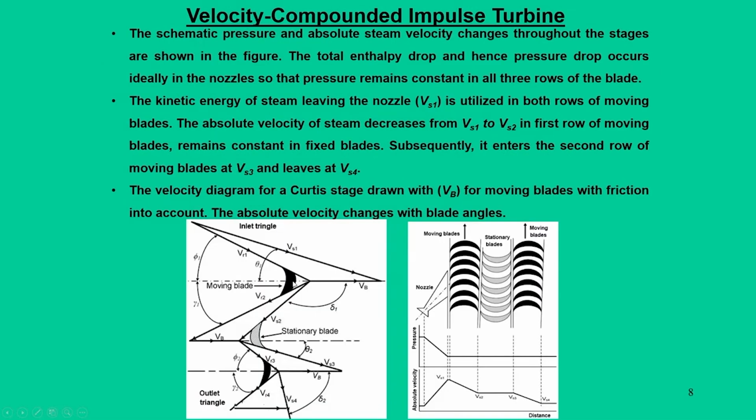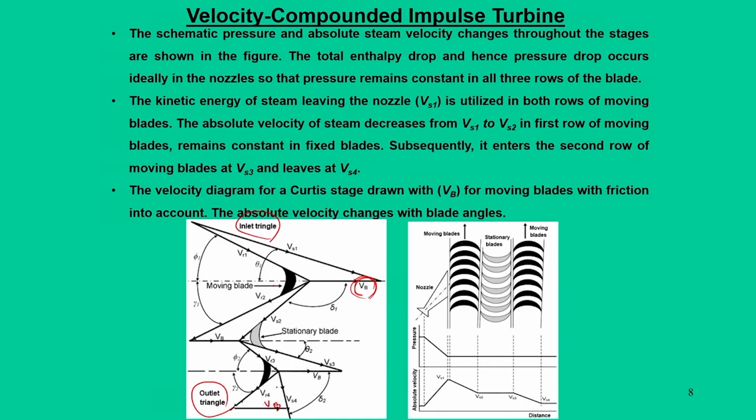Then moving further, if you want to analyze this in terms of velocity diagrams, this particular figure shows the schematic diagram of the inlet and outlet triangles, and this is the first set of moving blades. The moving blades of the first stage move at this velocity Vb, and in the other case also the same velocity Vb.